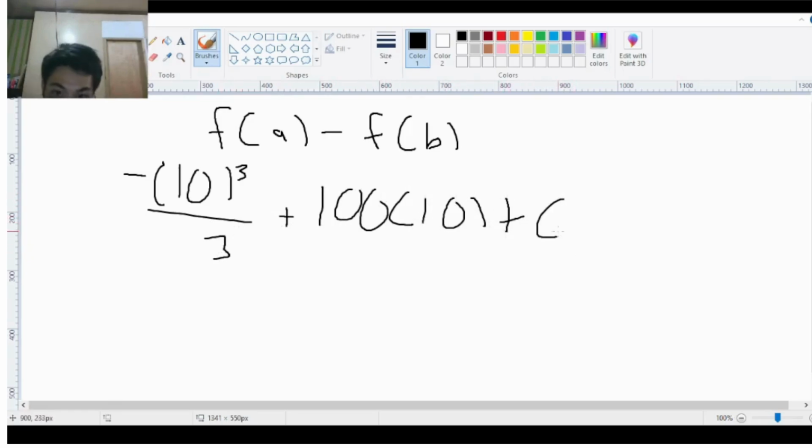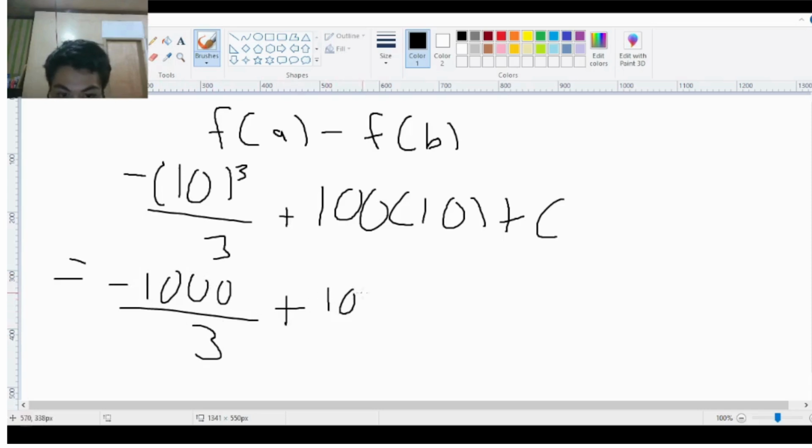We can actually just remove the plus c for now, but you're gonna see why we can just remove it later on. So that would be negative 1000 over 3 plus 1000 plus c.